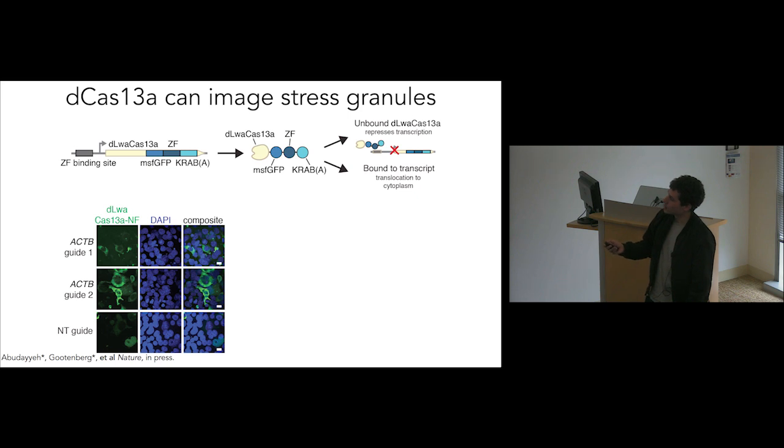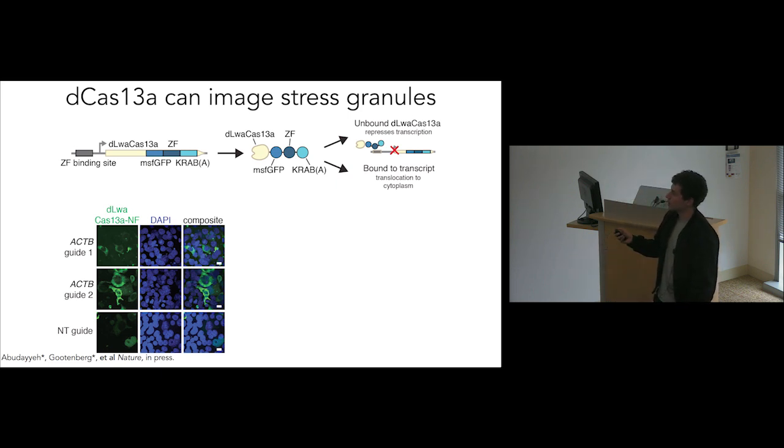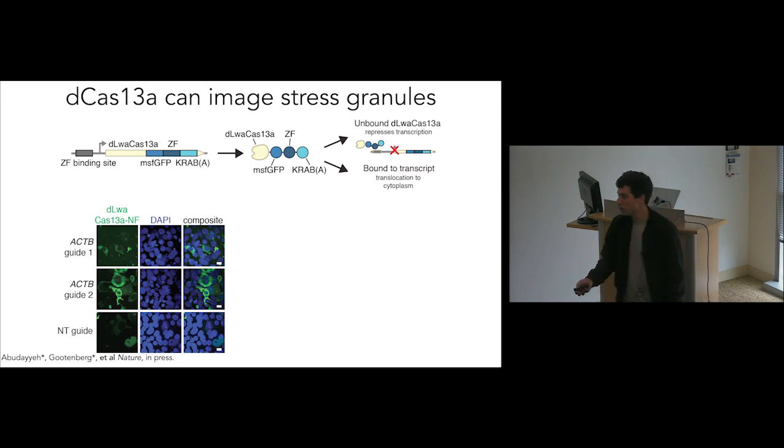So the way that this works is that we have our Cas13a, and it's got a fluorophore on it, a superfolder GFP. We also have a zinc finger and a KRAB domain. And that KRAB domain is a repressive transcriptional domain, and the zinc finger actually targets back to a zinc finger binding site on the promoter. So what happens is that when Cas13a is nuclearly localized, it will bind to and repress its own transcription.